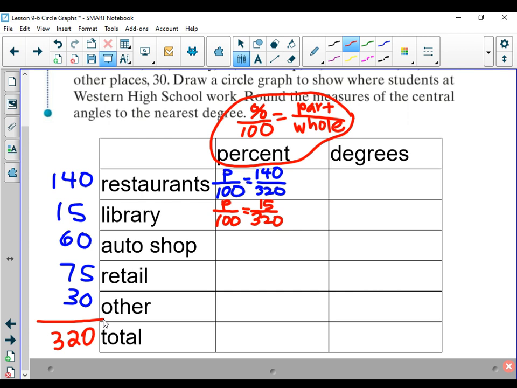Ooh, Pete saw a pattern happening. What did he write in the next box? Missing percent out of 100. Part 60. Whole 320.